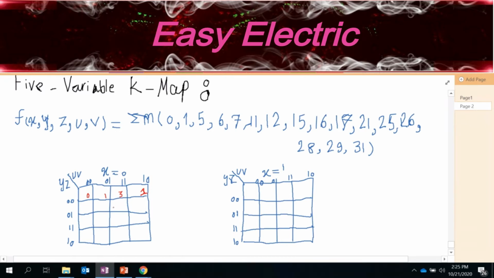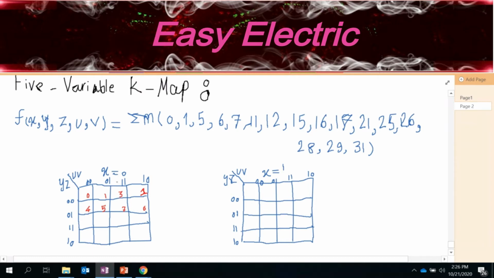So in the same way, you could actually complete all these numbers. So that means it should be 4. This should be 5. This should be 7. This should be 6, right? Why? Because you just check. The z is 1, u is 1, the rest is 0, okay?